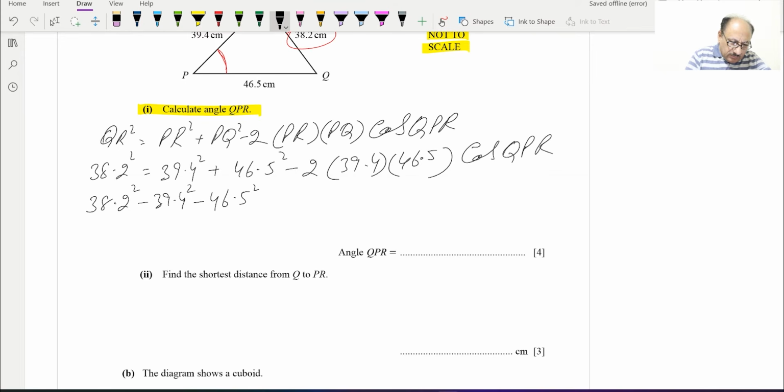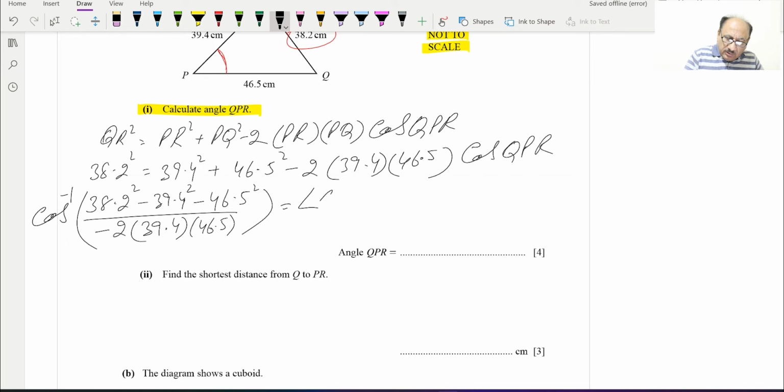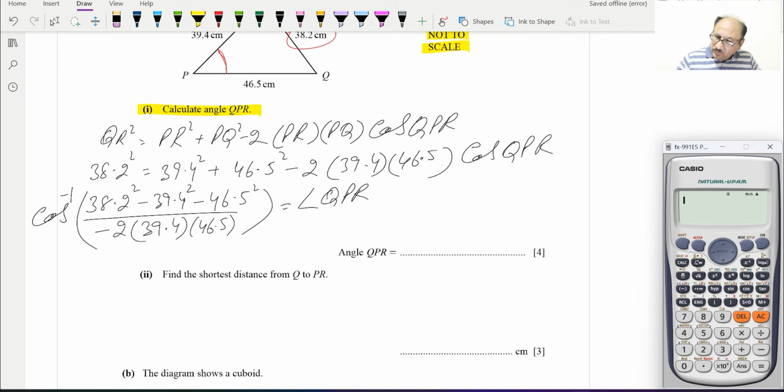It will go as denominator, so it will be minus 2 into 39.4 into 46.5, and cos theta also we can shift to this side, so it will be shift cos or cos inverse. So cos inverse, and this will be equal to angle QPR, and we can calculate this whole thing in one go.